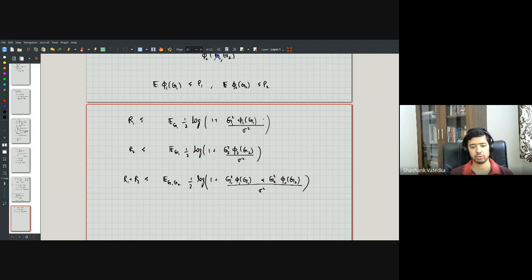There is some loss involved and it is not optimal, but that at least lets you get an achievable scheme, and it lets you get a lower bound on what can be done. Okay, even though it is not optimal, in many cases it is close to optimal, and in any case that is what is done in most practical systems today.